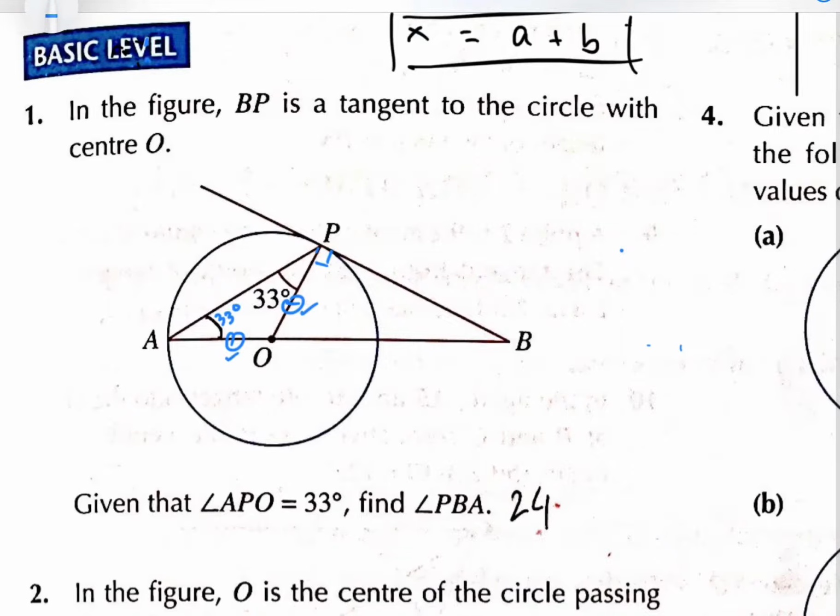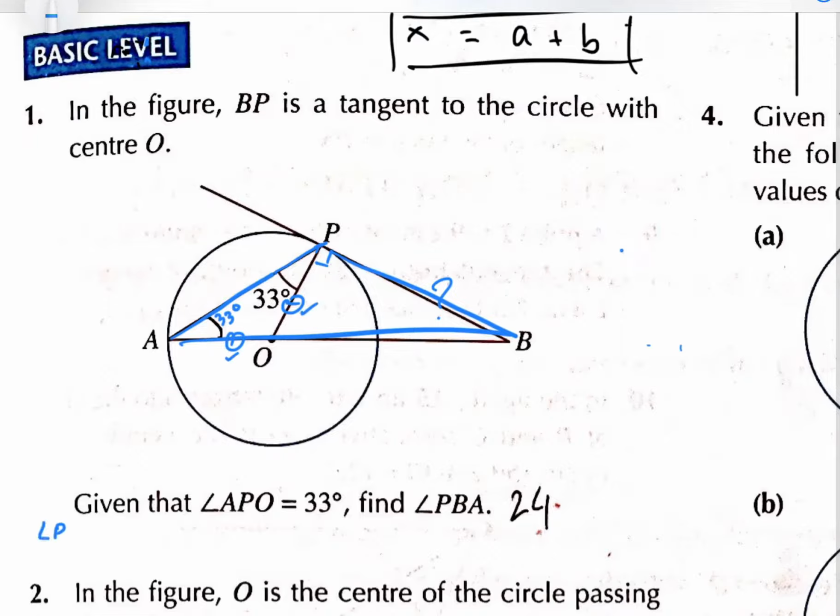Now we have this triangle. If you look at this blue triangle, we are asked for this angle here. The sum of the three angles of any triangle is 180 degrees, so we can solve for angle PBA.